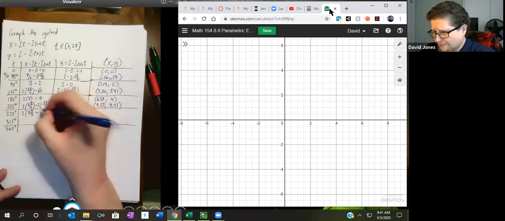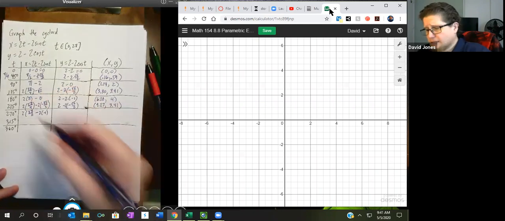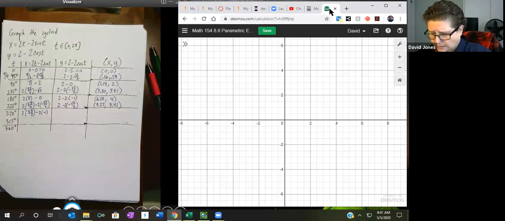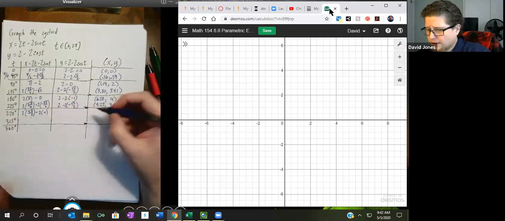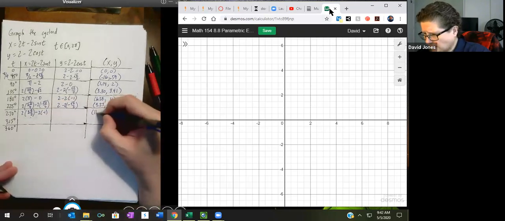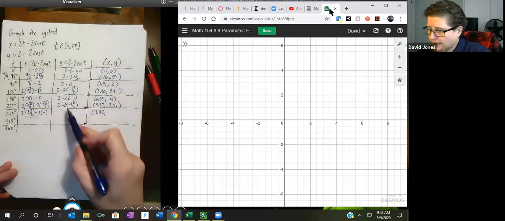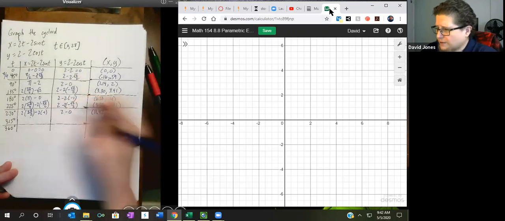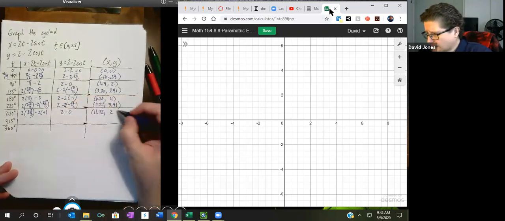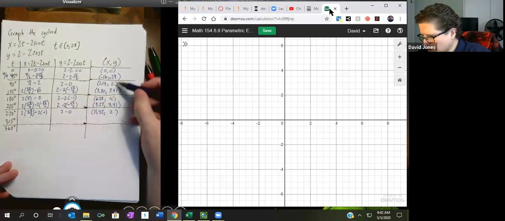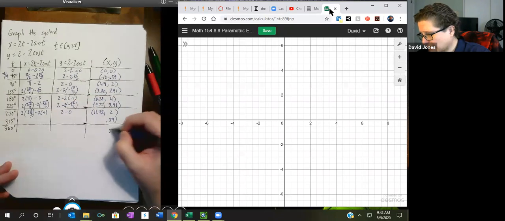Sine is negative 1. So I have 3 pi plus 2. This is about 11.42. Plug it in here. We've got 2 minus 0 is 2. It looks like this is starting to go back down. So the next one should be 0.59 and then 0.